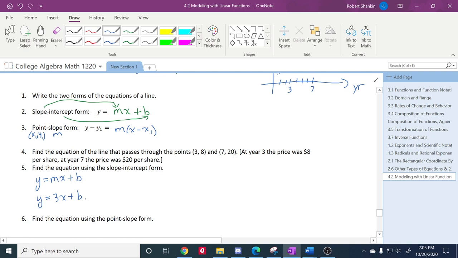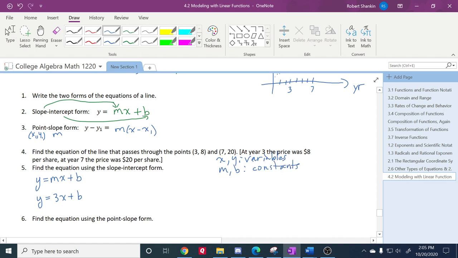Now in this new equation, there's just 3: x, y, and b. Now, the x and y are what we call variables. The m and the b are constants.